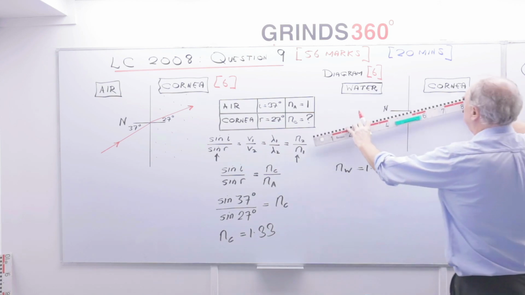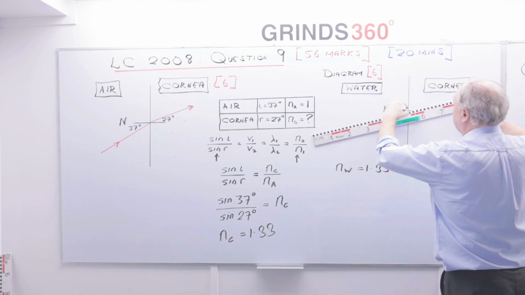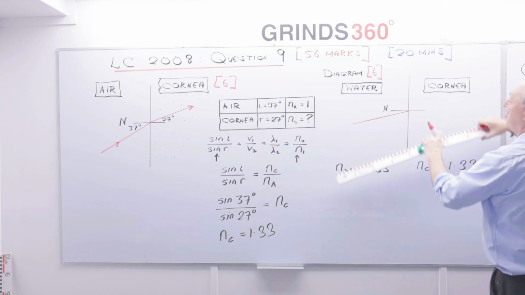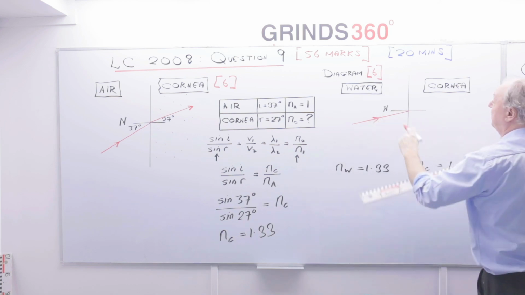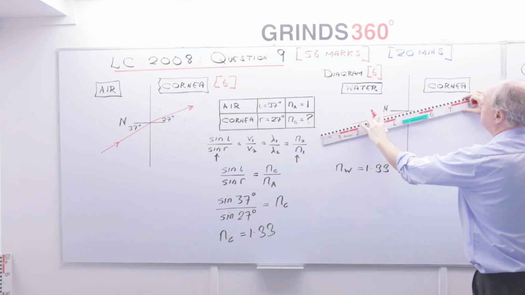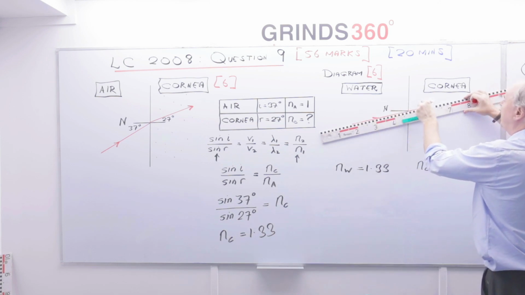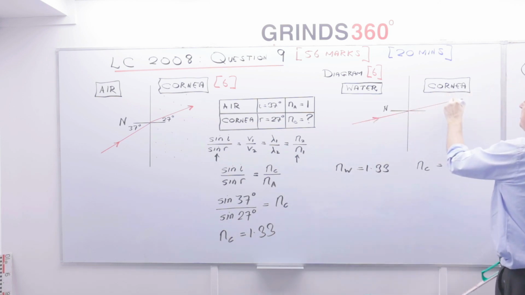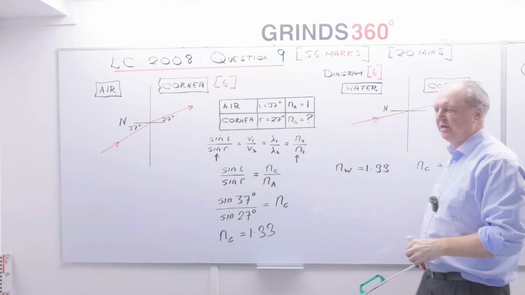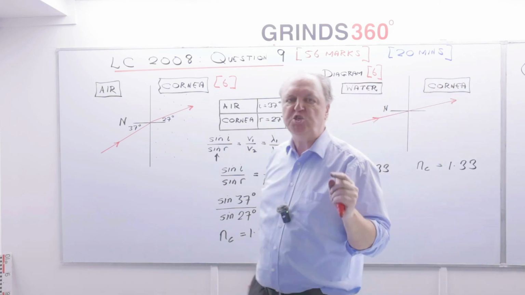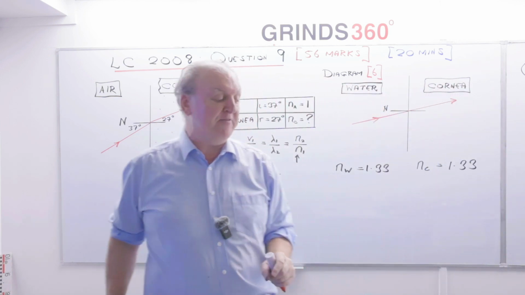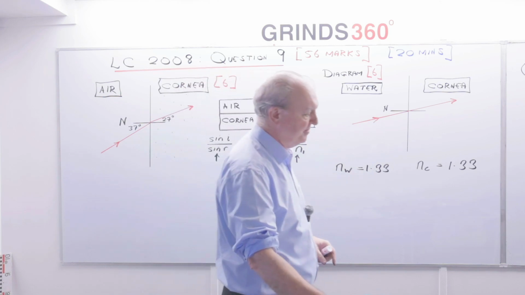So let's say, I'm showing my diagram. So here's my incident ray going from water into the cornea. Well, when it goes into the cornea, it's not going to bend because they're going to be traveling at the same speed in each medium because they have the same refractive indices. So the important thing to show in your diagram is the ray of light does not bend.